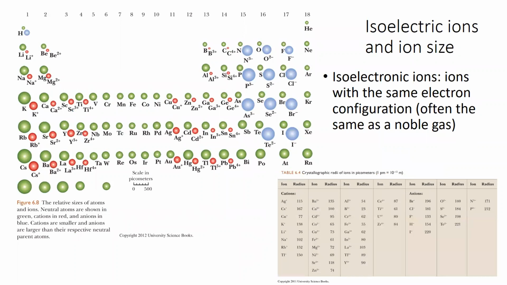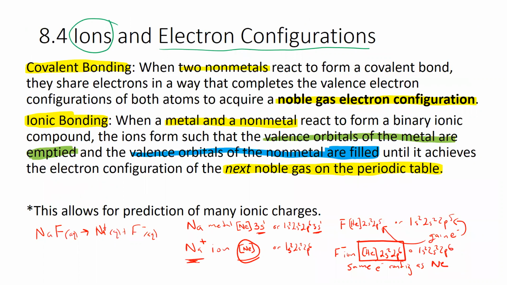Now, the other part of this is isoelectronic ions and size. One of the things we're going to start to explore tomorrow, and we'll pick up with this stuff, is that we now understand what happens to the electron configurations of ions when they are formed from their elements.